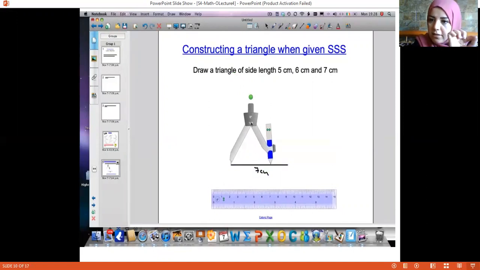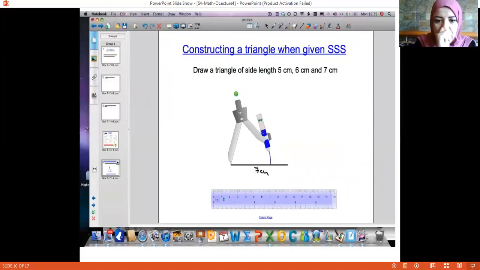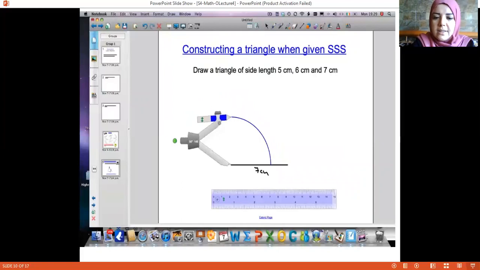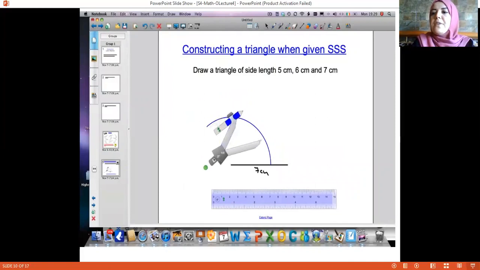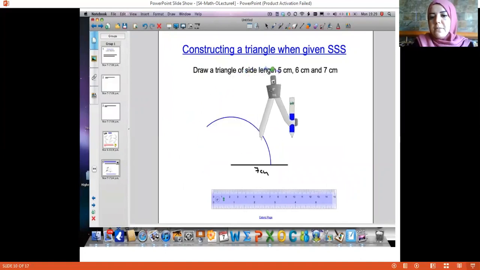Put it on the end point, fix the compass and draw a small arc, as you can see. That's enough. So the first step is to draw an arc, which is 5 centimeters.